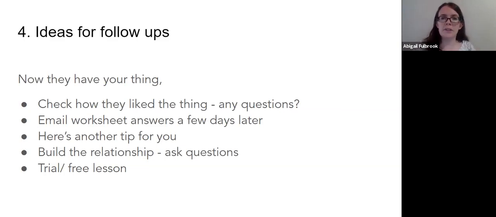So basically you want to build up the relationship, ask them questions about what they are wanting to do in English, why they're learning English, what they really need from English. And after a few emails, you might want to suggest they take a trial lesson with you or a free lesson, whichever format you want to do.